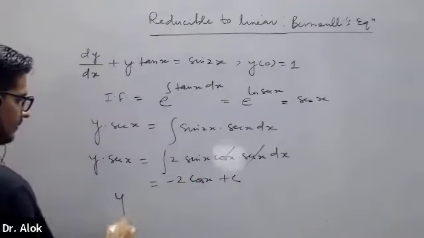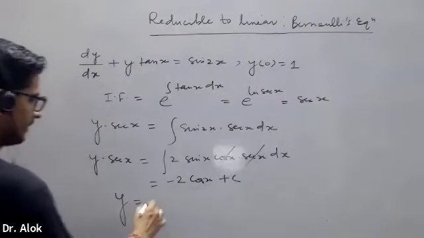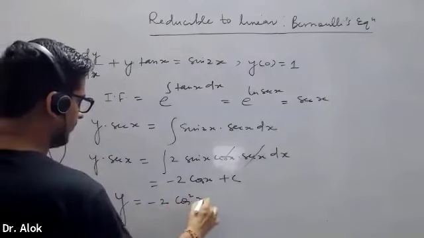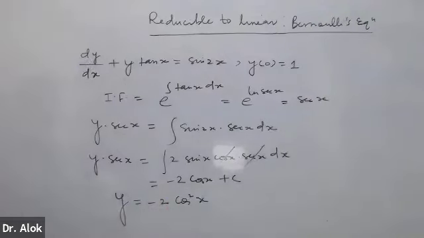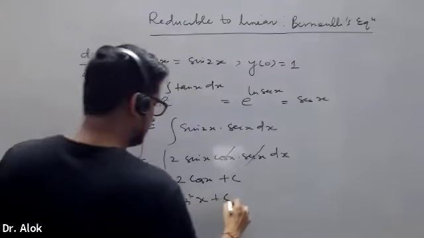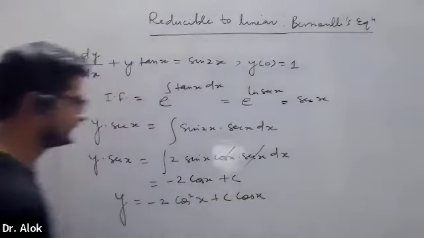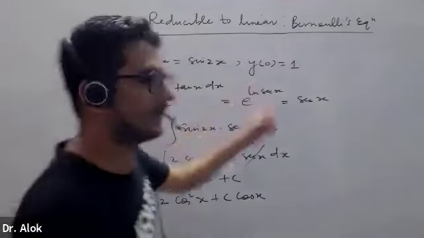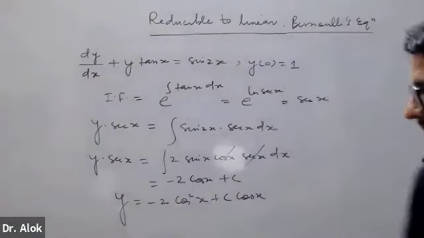So what is y equal to? Minus 2 cos square x, correct? Plus c cos of x. Okay? And now substitute the boundary condition, y of 0 is equal to 1.